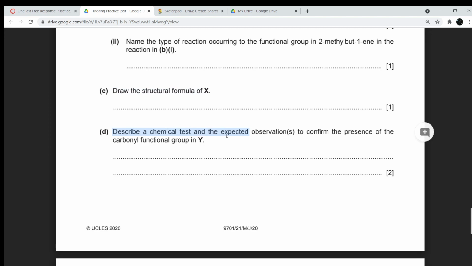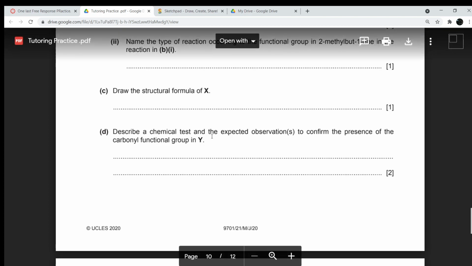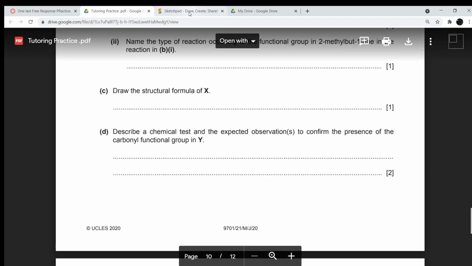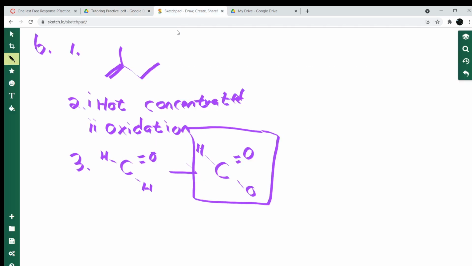Describe a chemical test and the expected observations to confirm the carbonyl functional group in Y. So we're looking to see if we have a double bonded O. We're not looking to see if we have an aldehyde or a ketone. We're looking for a double bonded O. For double bonded O's, we're going to use the 2,4-DNPH.